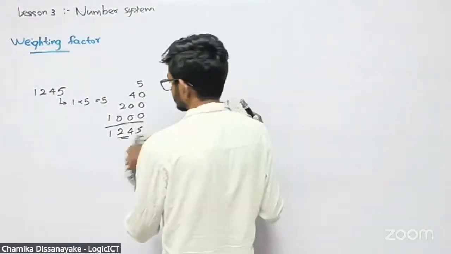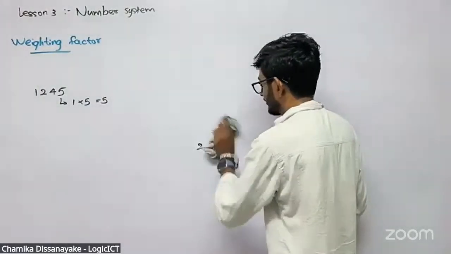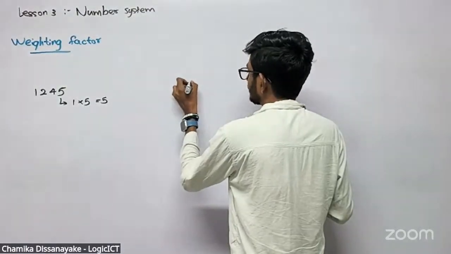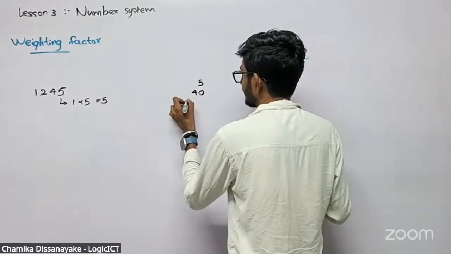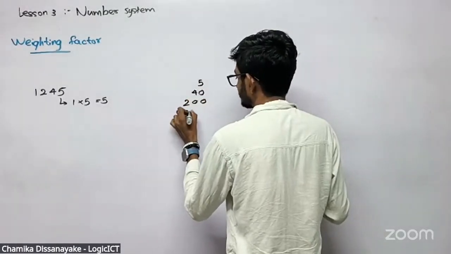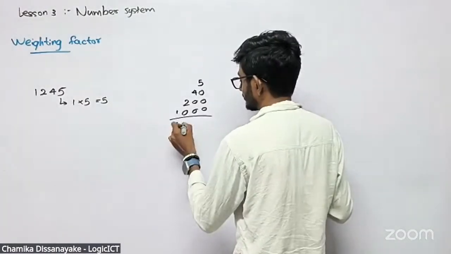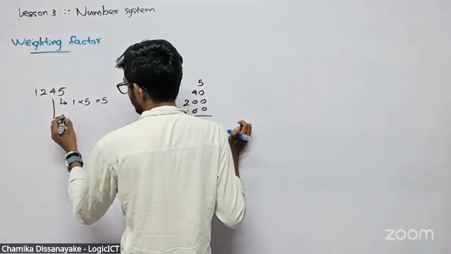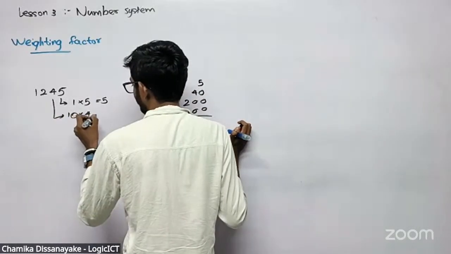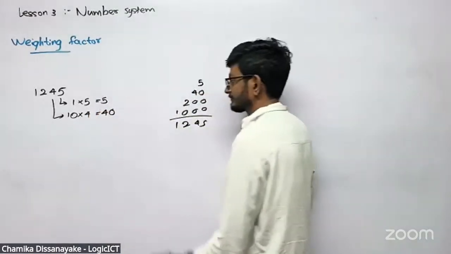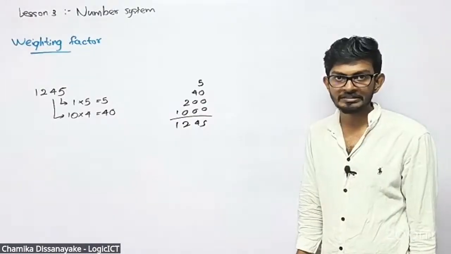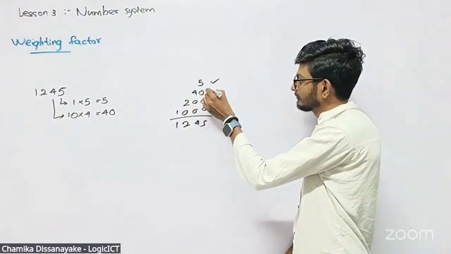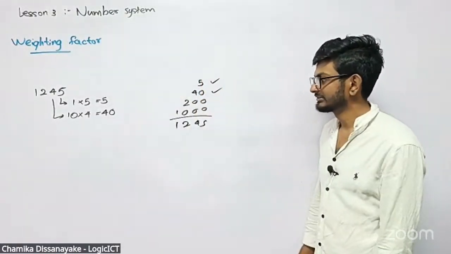So I will write here: 5, 40, 200, 1000, which make 1245. Here we can get 40 if we multiply 10 by 4. We got 5. We got 40. How can we get 200?